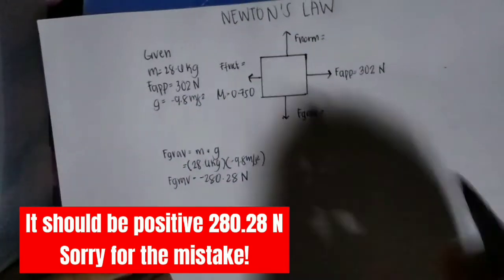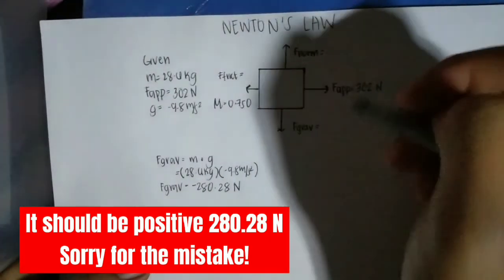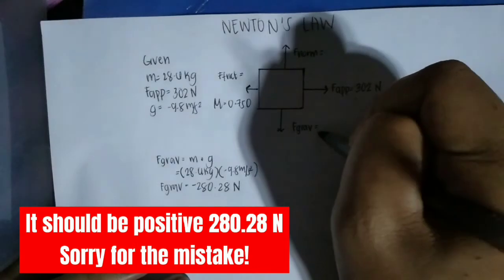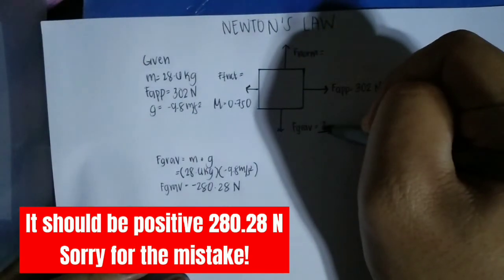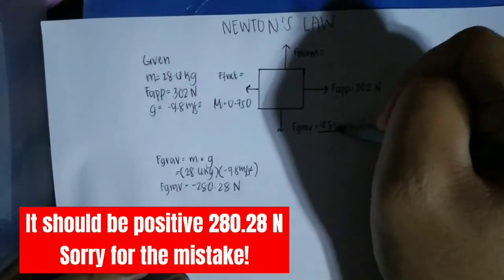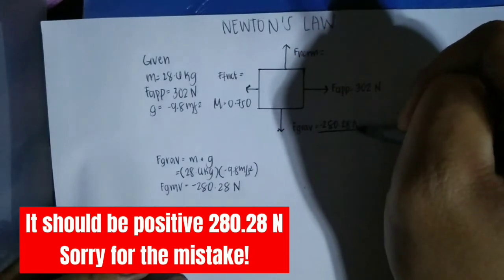So we have the F grav, and let's put it here: negative 280.28 newtons.